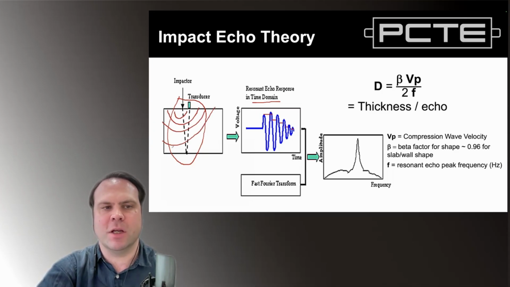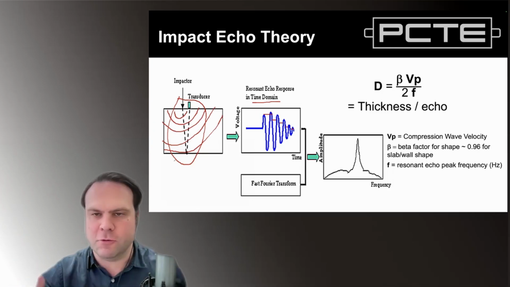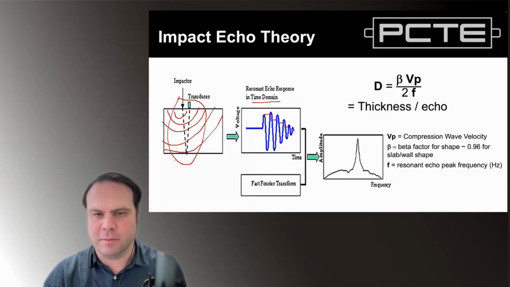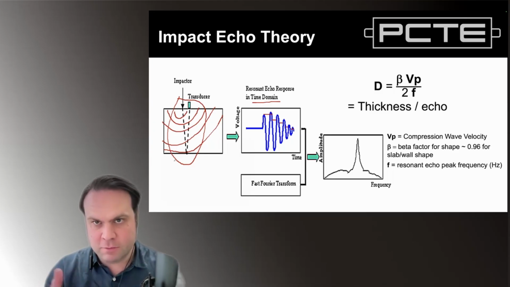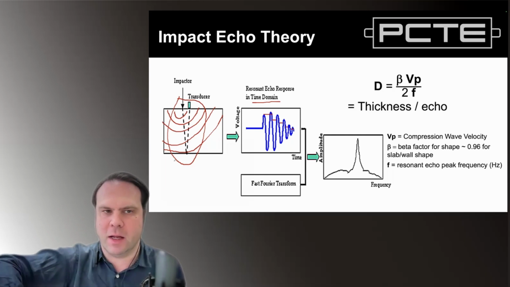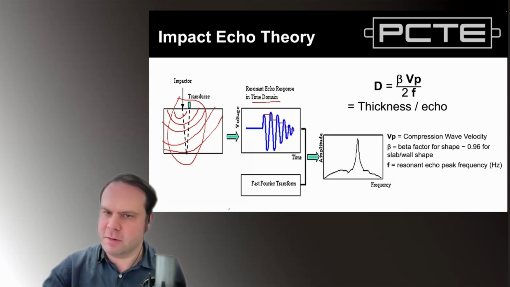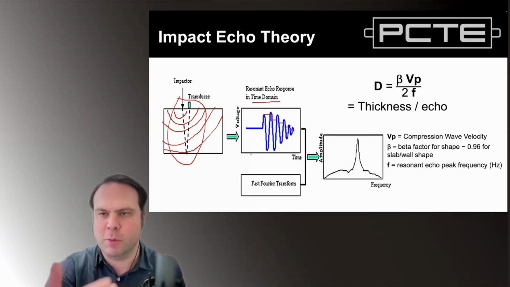So we not only get returns from directly underneath the point of strike, but from a region that the strike influences around the impactor. So please understand that if we're using impact echo, we're not using a single echo. We are recording the repeating reflections, the undamped energy, which we can see in that oscillation, which is desirable in our raw data, our time domain data.